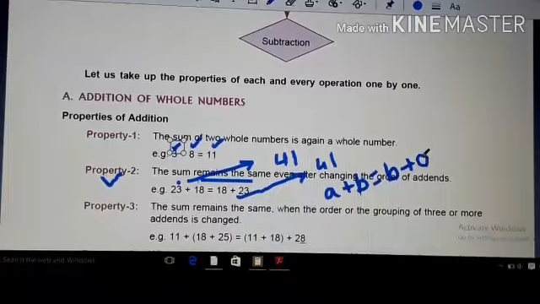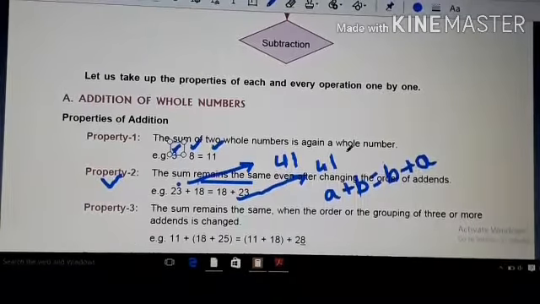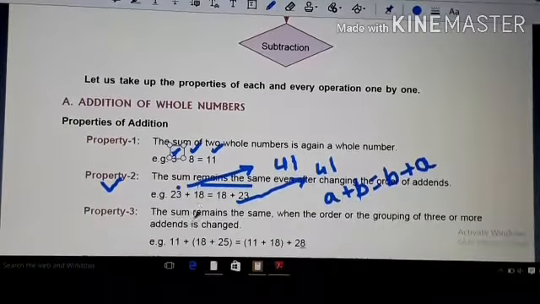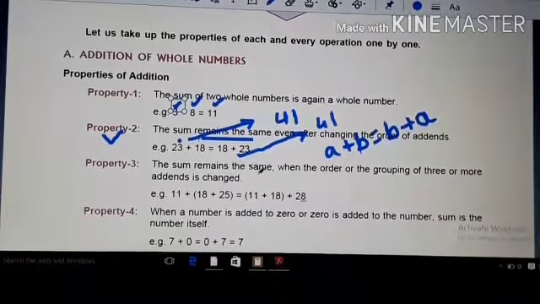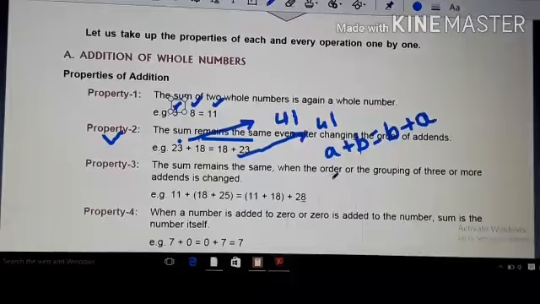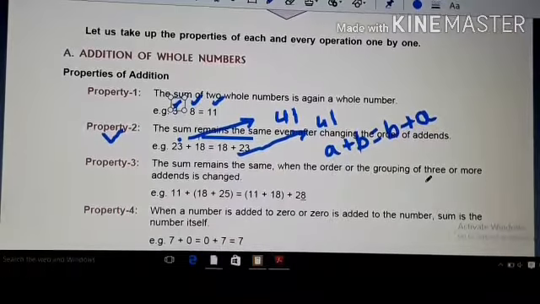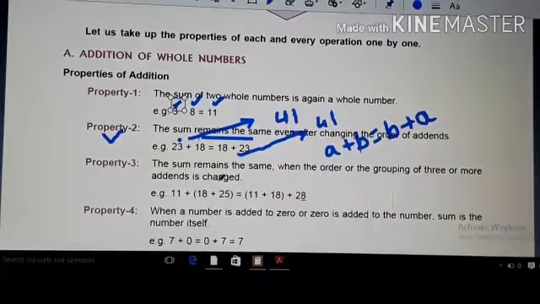Now the next one: the sum remains the same when the order or the grouping of three or more addends is changed.